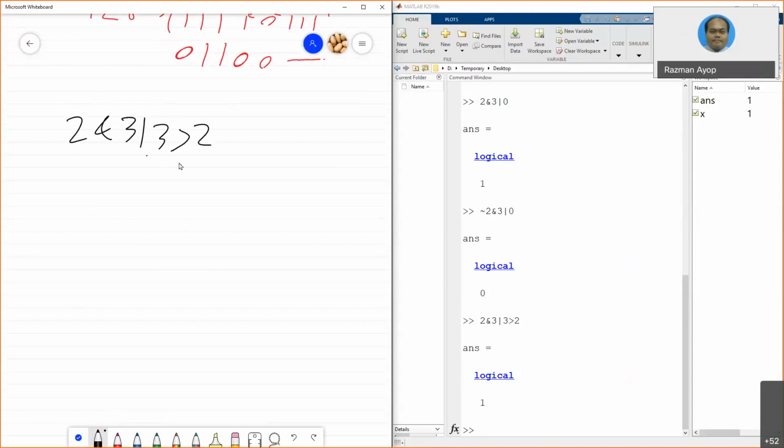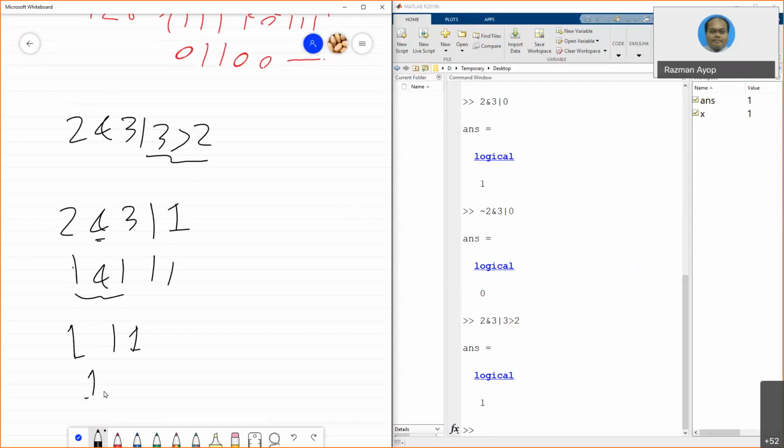Of course, you have to solve this first. 3 less than 2 is... 3 more than 2 is true, 1. Then you have to solve AND first. So 2 and 3, so 1 and 1 or 1. You have to solve AND first. So 1 and 1 is 1, or 1. So 1 and 1 is 1. 1 or 1 is 1. So you get the answer.